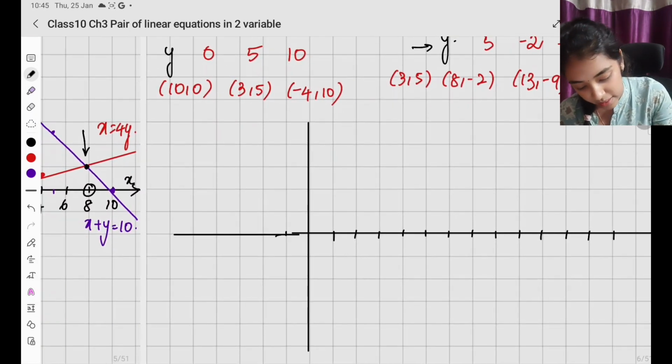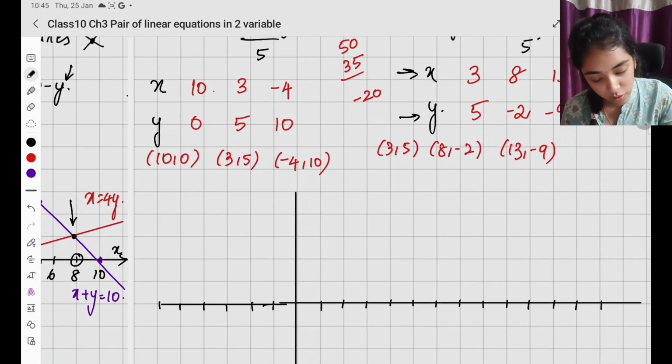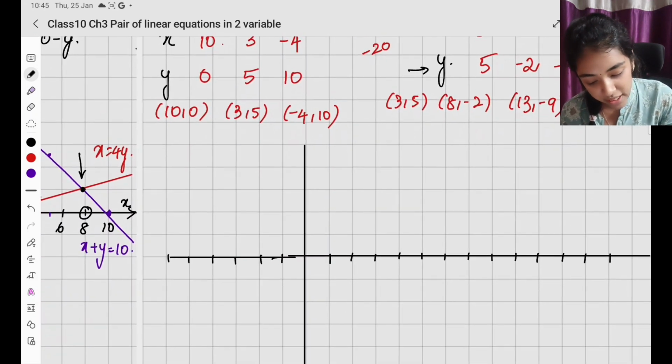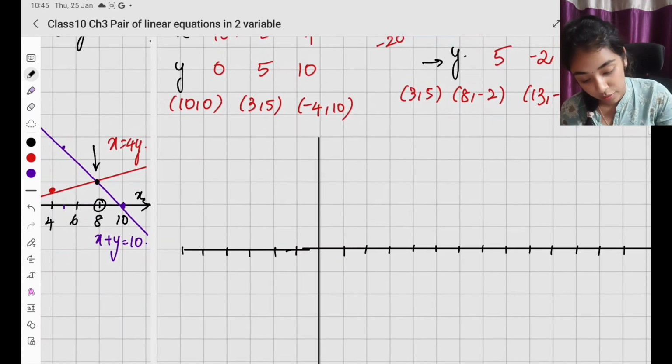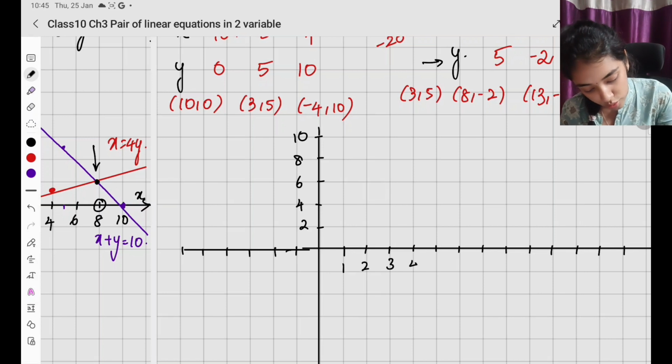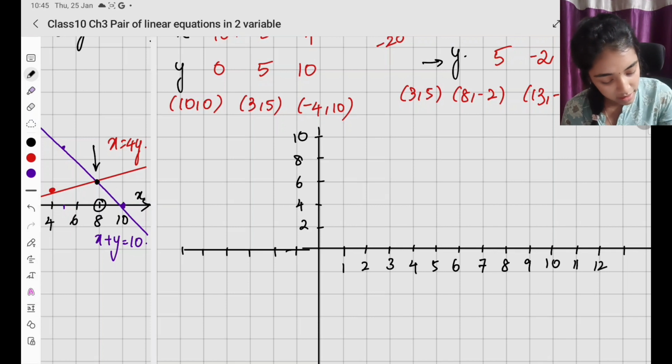Then on this side we need up to 9, right? No, 6. Then the y value I need until minus 9, on this side up to 10. Okay, so let me do 2 4 6 8 10. So 2 4 6 8 10. Here 1 2 3 4 5 6 7 8 9 10 11 12 13.